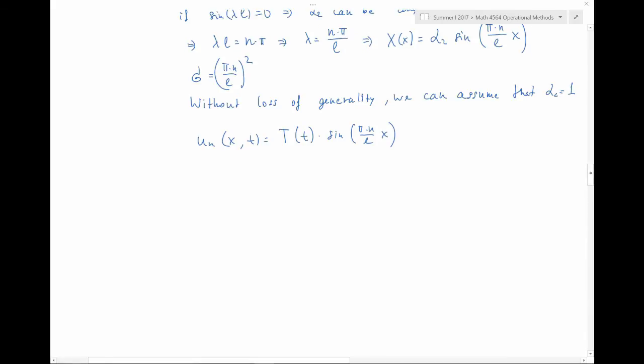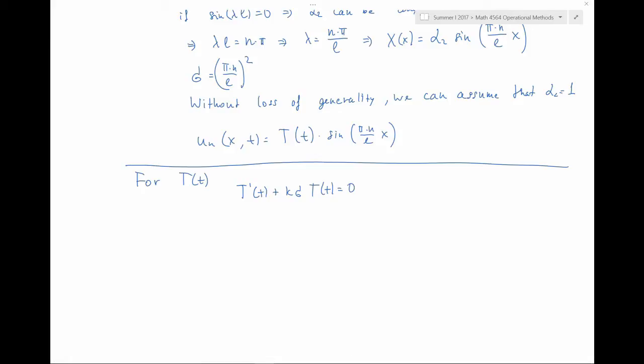Now I think it's time to figure out what is the function T of t. For T of t we had the following equation, that T prime plus kappa sigma times T of t should be 0, and we didn't have any initial conditions on it. Solving this differential equation yields the solution alpha times exponential function minus kappa sigma t.